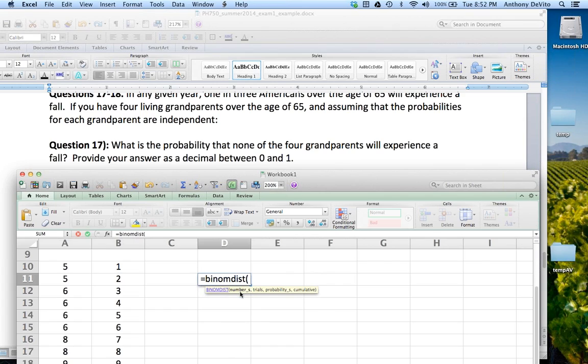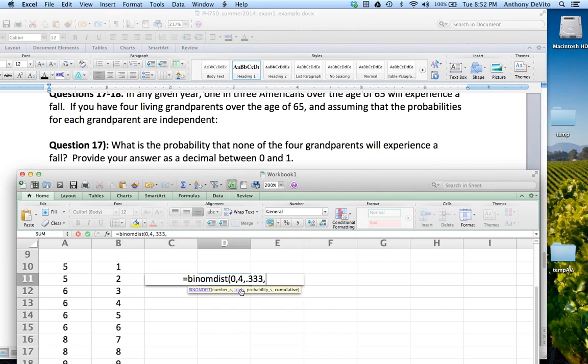It comes up with the suggestions. First, the number of successes. Number of successes again was 0. Number of trials, the same thing as sample size, was 4, comma. Yes, that's right, sample size is 4, not the successes. And the probability is 0.33. I'll add another 3 because it was the third, really, comma.